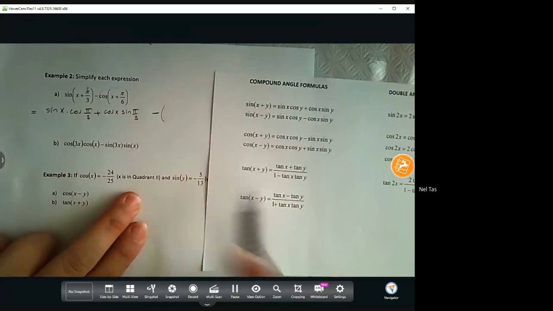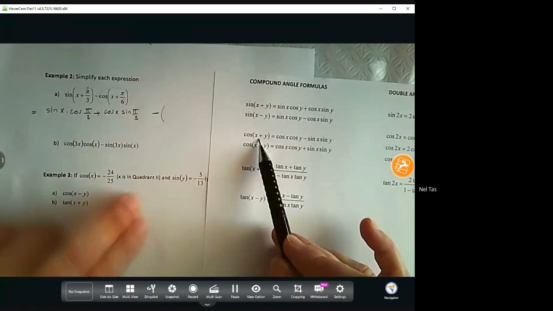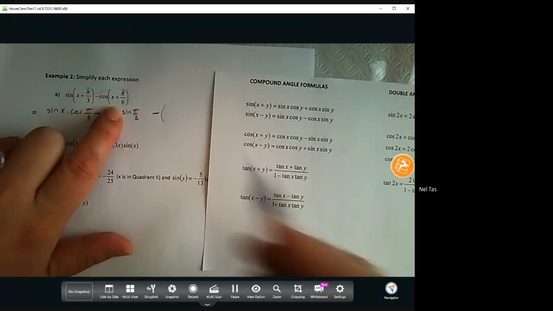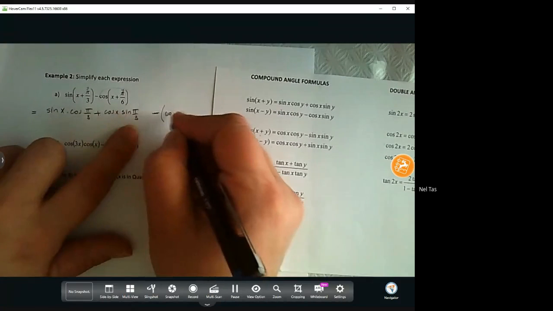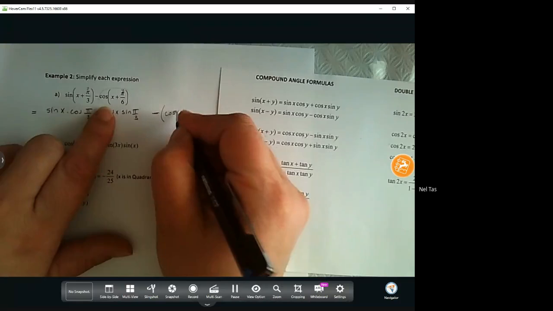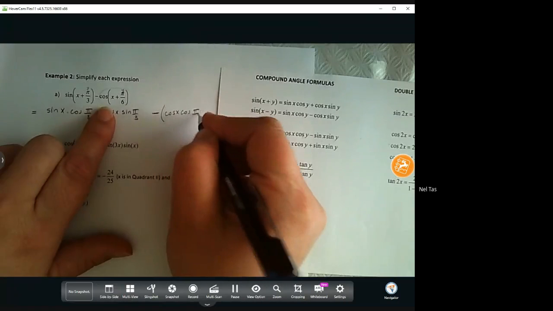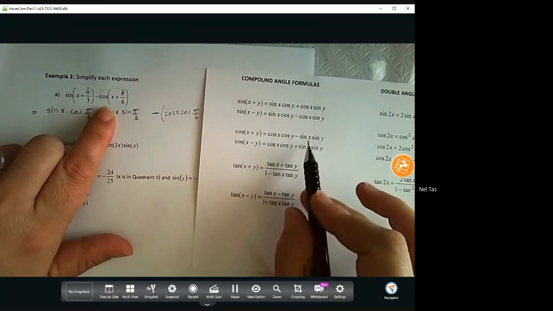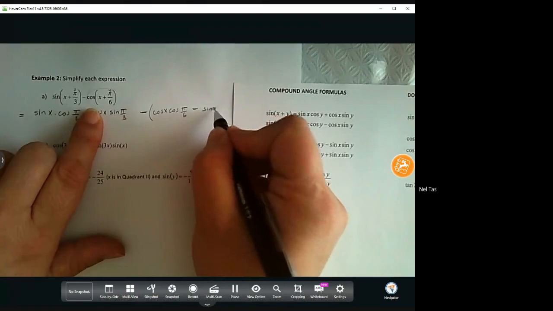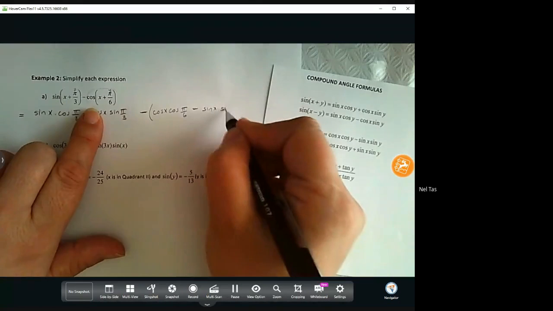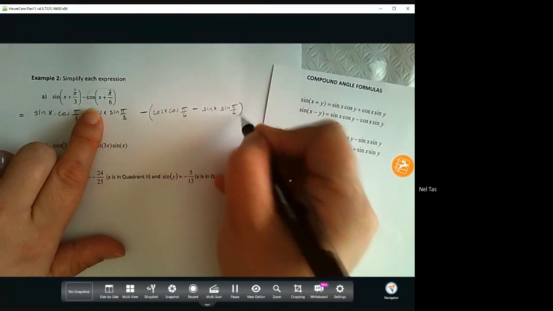So for the cosine x plus y formula, x plus pi over 6, now your y is pi over 6. So cos x cos pi over 6 minus sine x sine pi over 6.